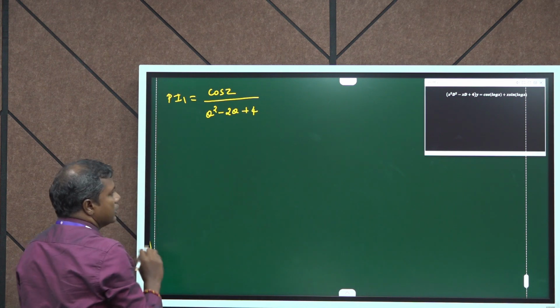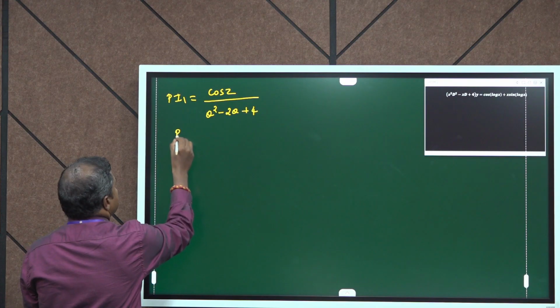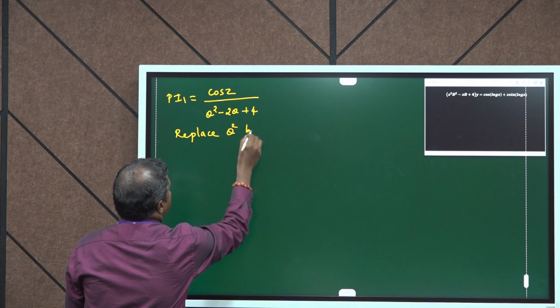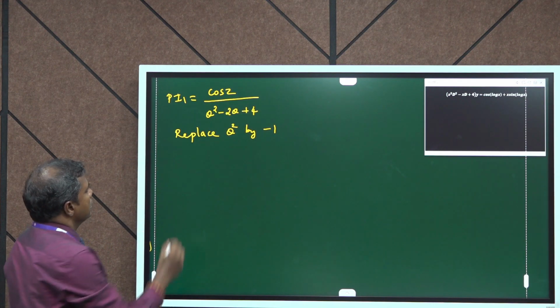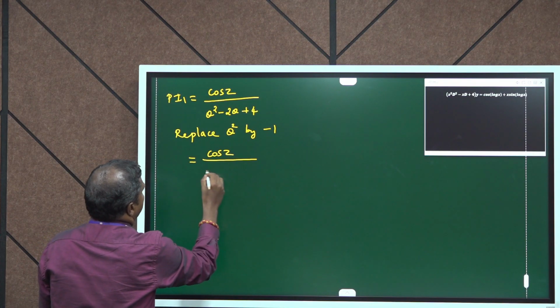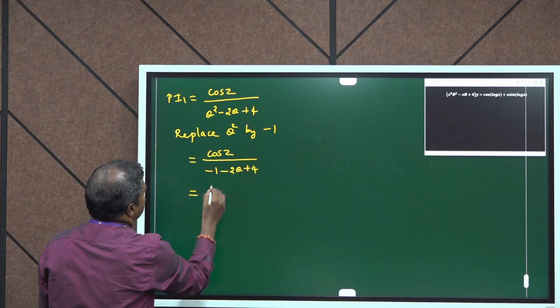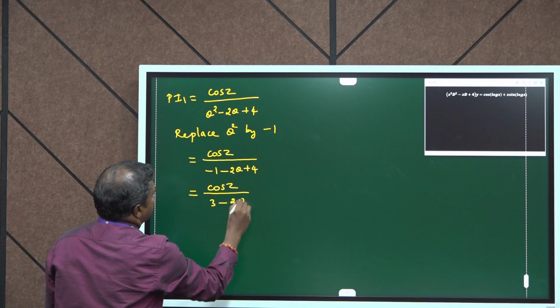Here the rule is, when sine or cosine comes, you have to replace theta square by minus 1, the coefficient of z squared. So, cos z by minus 1 minus 2 theta plus 4. This becomes cos z by 3 minus 2 theta.